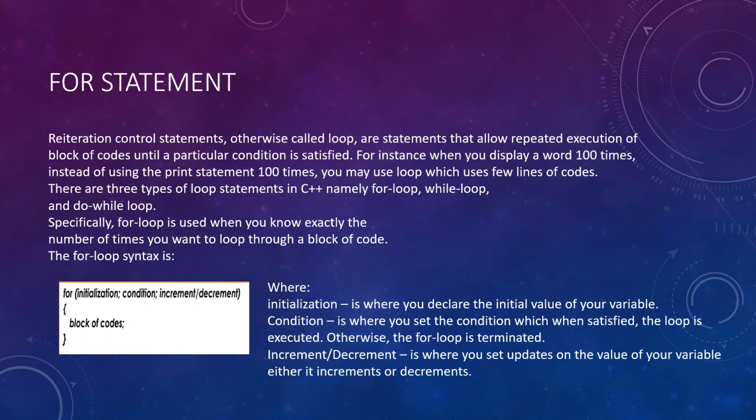There are three types of loop statements in C++, namely for loop, while loop, and do while loop. Specifically, for loop is used when you know exactly the number of times you want to loop through a block of code.